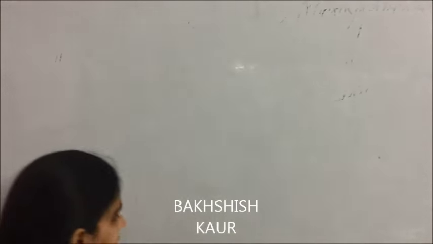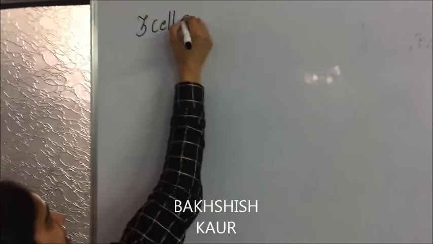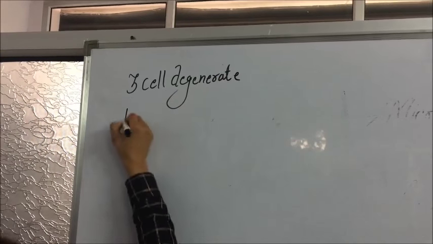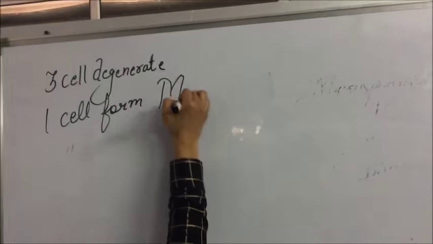Now in the tetrad there are 4 cells, 3 cells degenerate and only 1 cell forms the male gametophyte.